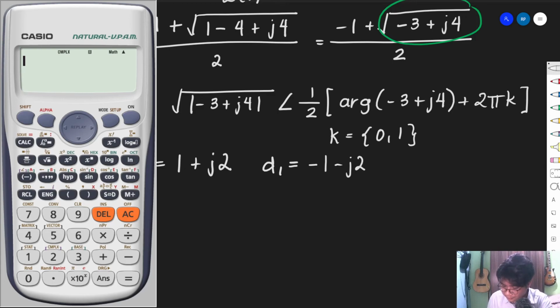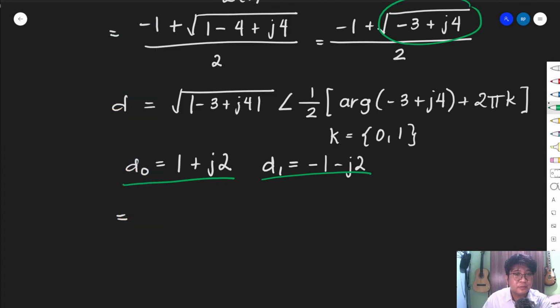Nakuha na natin d sub 0, d sub 1. Itong dalawa yung ipa-plug natin. Baba ko lang yung calcu. So we have here negative 1 plus, d sub 0 muna tayo, 1 plus j2 over 2. So z sub 0 to.